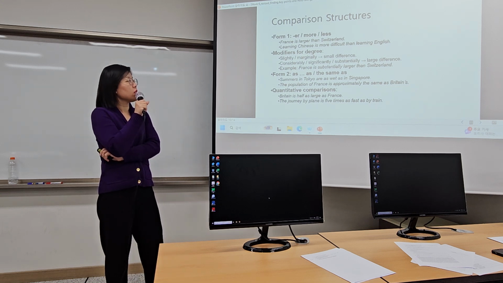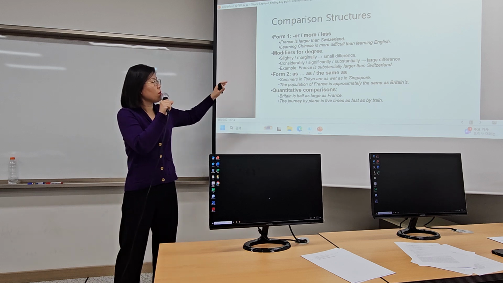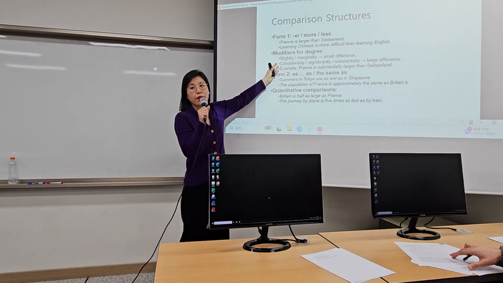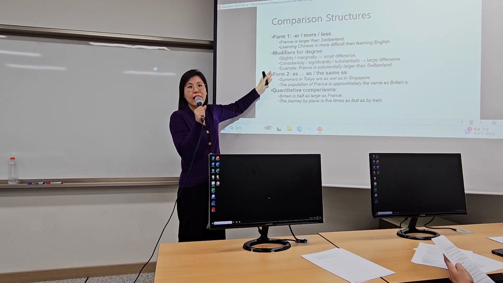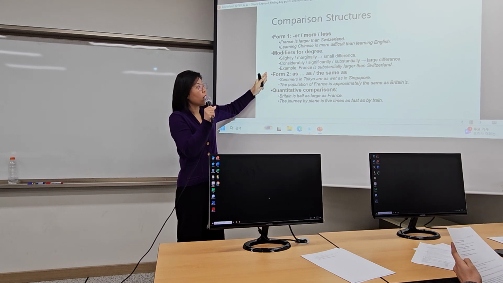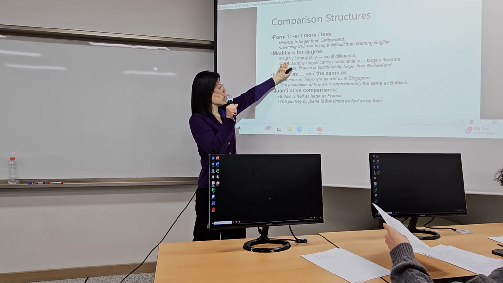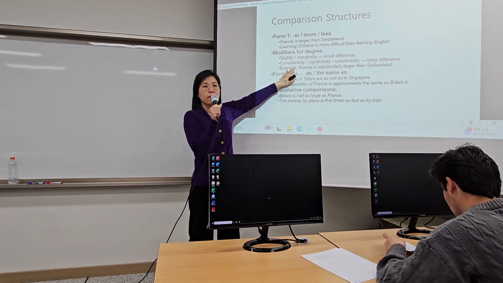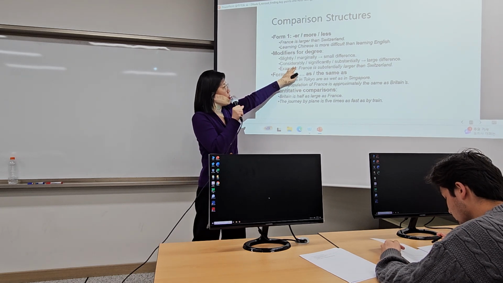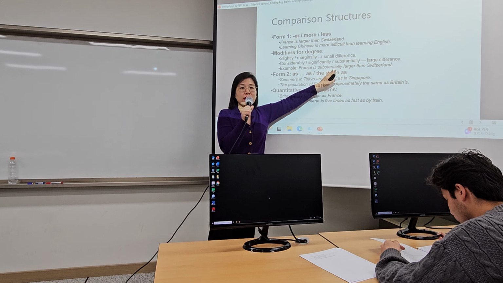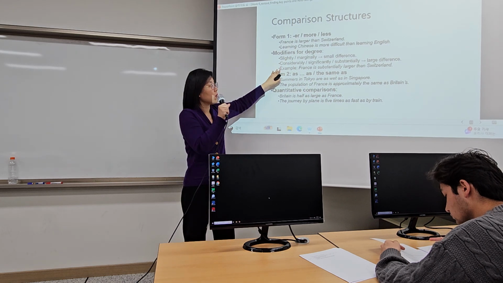Right, so it could be just a simple comparison, but I want you to remember the modifiers. By adding modifiers, you can add accuracy to your writing. If you want to indicate small differences, you can use slightly or marginally. But if you want to indicate big differences, then you can use considerably, significantly, substantially. So try to use these words when you're making a comparison.